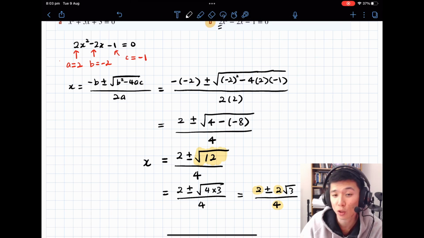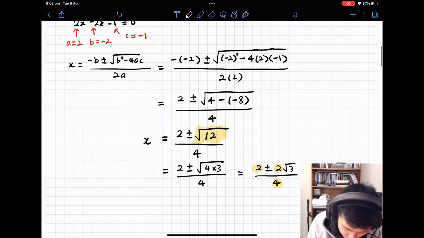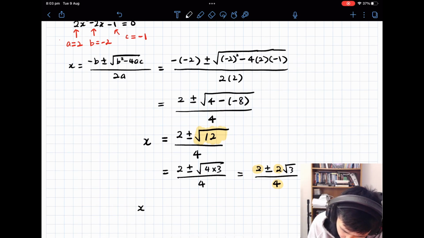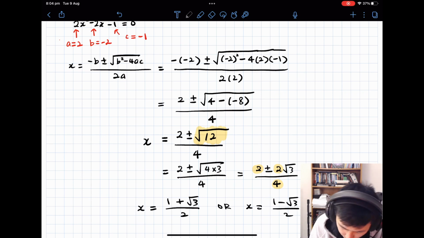I'm just dividing top and bottom by 2. And now I can write my final solutions. X is equal to 1 plus root 3 over 2, or x is equal to 1 minus root 3 over 2.